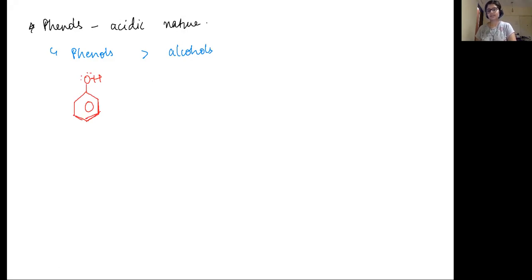Does the benzene ring take electrons towards itself, or does it have a tendency to give electrons? Ritvik, I asked, in the case of phenol, OH is attached to an aromatic benzene ring. So will it cause the OH bond to be more polar or less polar?